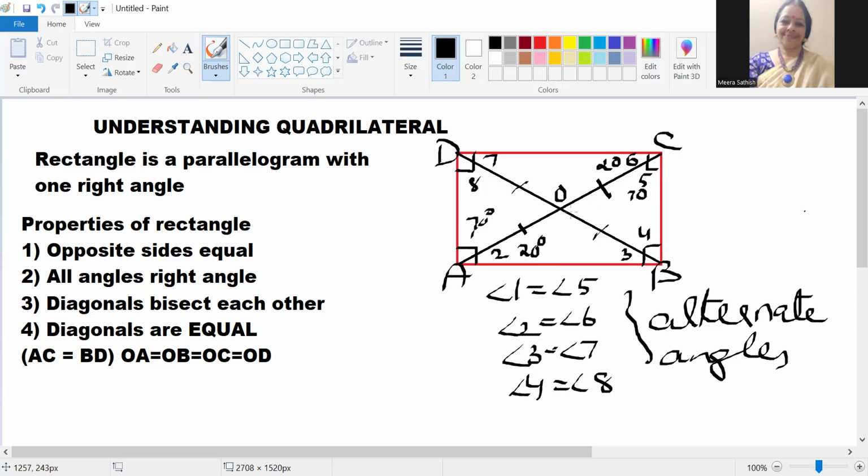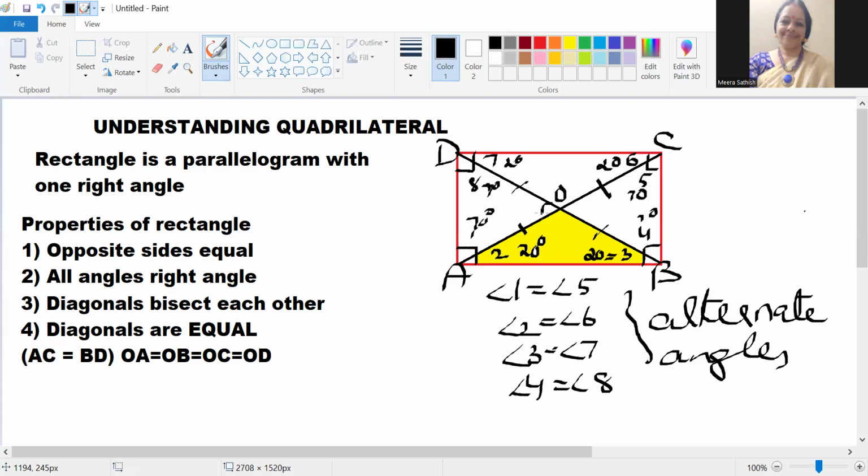Here, OA and OB are equal, no? Then this triangle will become an isosceles triangle, right? In an isosceles triangle, base angles are equal. So when angle 2 is 20, angle 3 is also 20. So angle 4 will become 70. Then alternate angle of angle 3 is angle 7. That will become 20, this will become 70. See, all angles we can find.